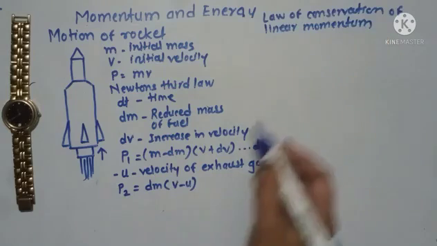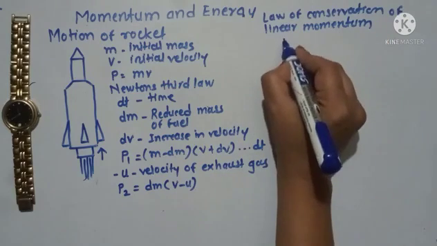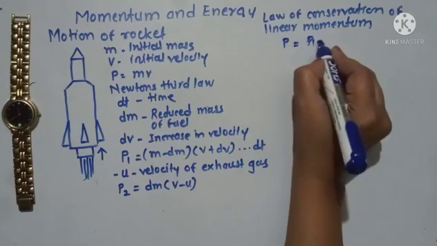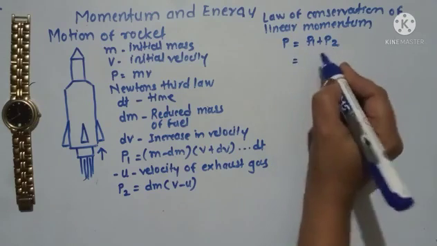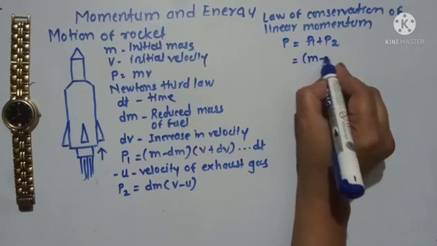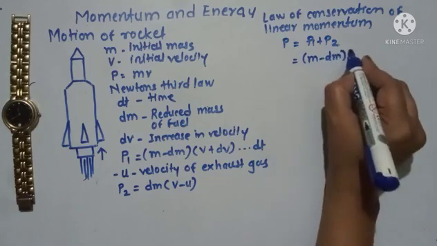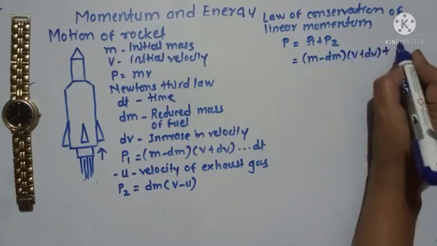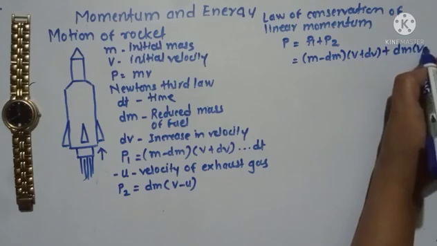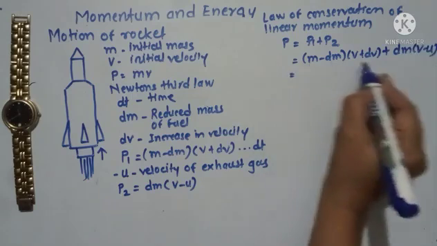So by using the law of conservation of linear momentum, we can write p equal to p1 plus p2, and just put in the values. p1 is (m minus dm) into (v plus dv), and p2 is nothing but dm into (v minus u). So let us solve this.